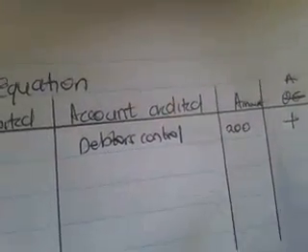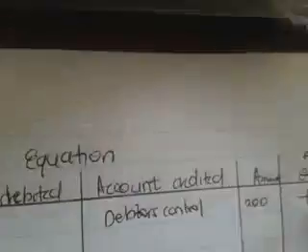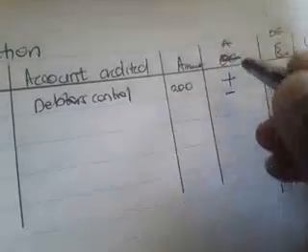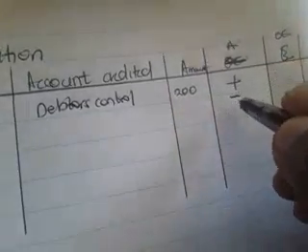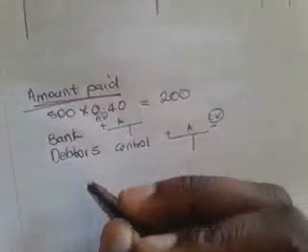What does that mean? It means since this estate paid an amount, the debt is decreasing, and the debt decreases on the credit side. So this minus, you just put it here and say, under my assets, bank is increasing, debtors control is decreasing, right? And then after you have determined the amount that was paid, you need to know what was not paid, right? The remaining debt.